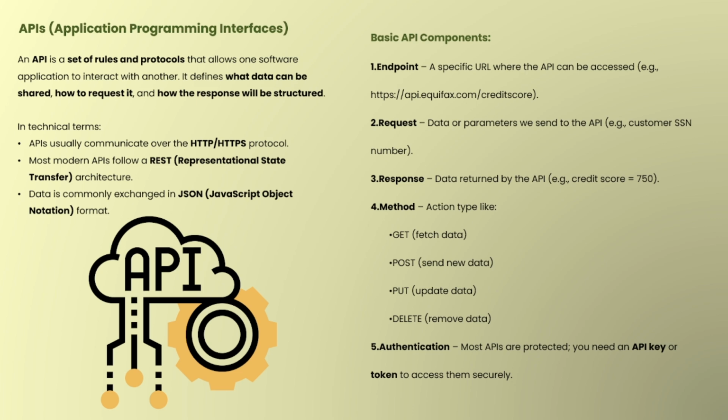Then put, this is the update action. Let us say we have already sent some data to them, such as the name and other details of a customer, which is already in another system, another software. From the loan management system, now we want to make some changes. The customer has changed his address, so now we need to update it.